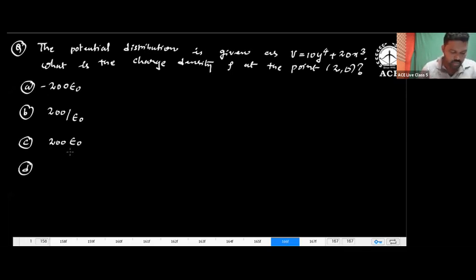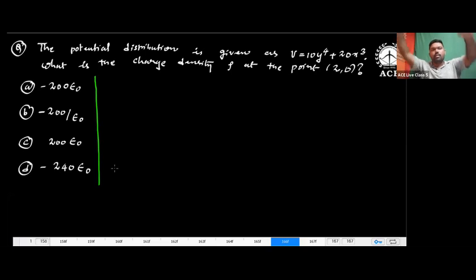Option D, minus 240 epsilon naught. Yes, beta. Directly straightforward question it is. Substitution kind of question. Potential is given, he is asking for the charge density, beta.